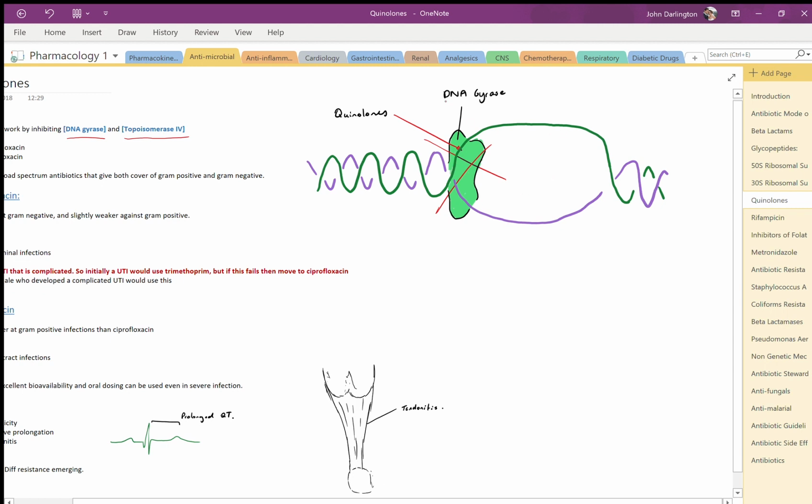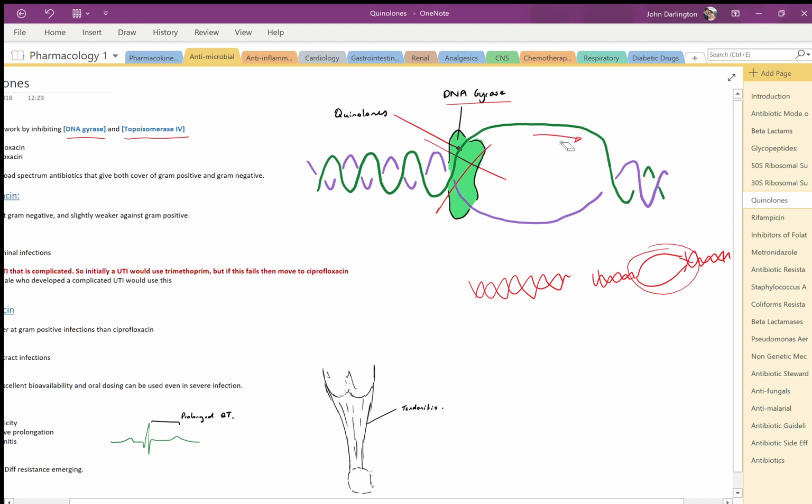The DNA is in a double helix, and for it to be read, it needs to be unwound, and the topoisomerase unwinds it and allows these proteins to come in and read it.